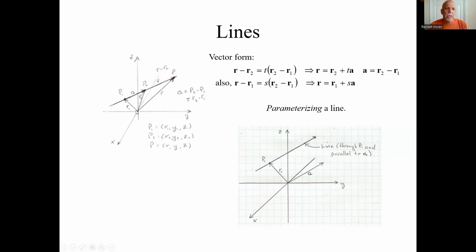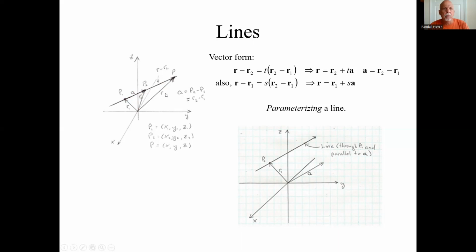First, I can describe the points as position vectors. So R1 is the position vector to this point, R2 is the position vector to that point. So the vector R2 minus R1 would give you this little vector A, which has a magnitude and a direction.